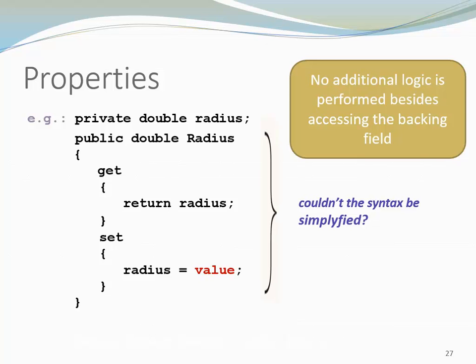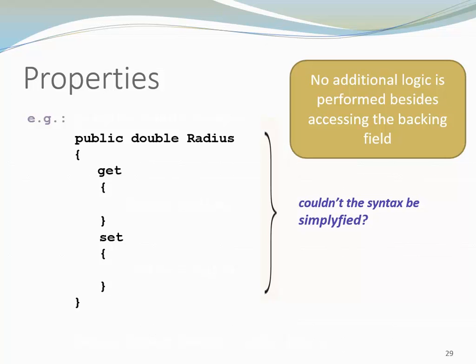In such a situation, we ask ourselves, couldn't the syntax be simplified? Couldn't the backing field be generated automatically? And also the code blocks of the get and set. Do we really need that many curly braces? Couldn't we just have a semicolon after the get and set? And the answer is yes, we can.